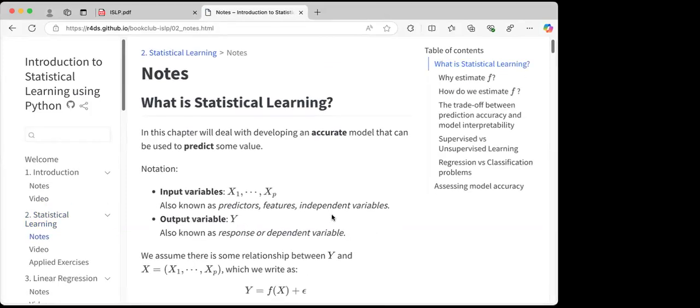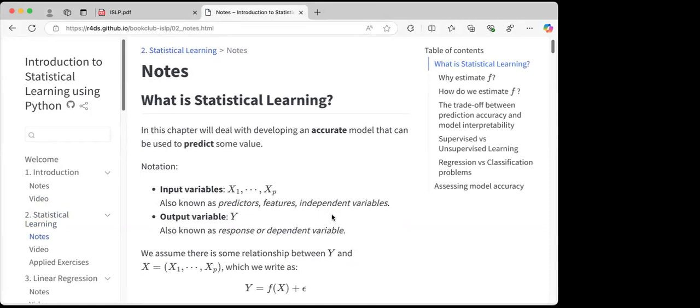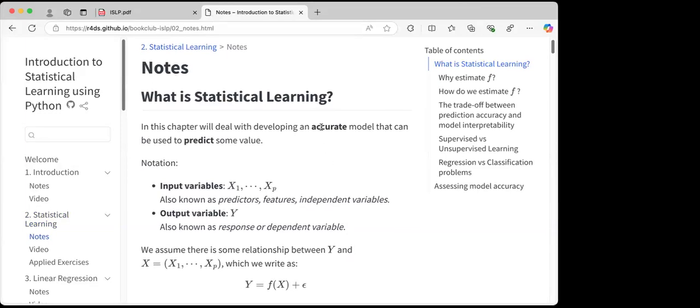Yeah, so like we mentioned before, statistical learning is just trying to use some statistical techniques to do some predictions and inference. Basically, that's what we are interested in. So in this chapter, we'll deal with developing an accurate model that can be used to do some predictions and also some inference.